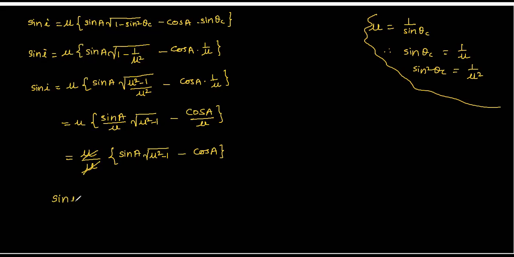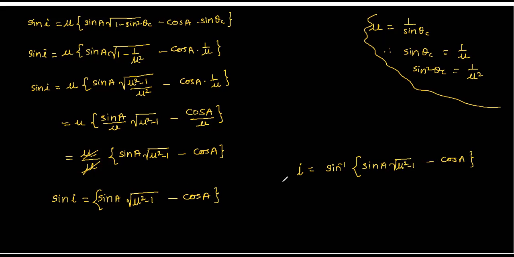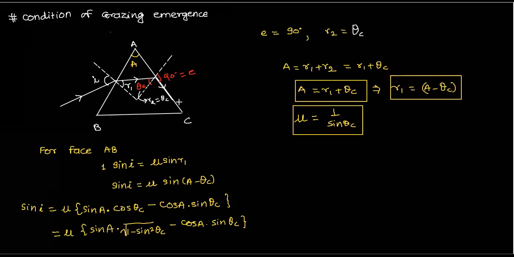So sine of I is equal to sine A under root mu square minus 1 minus cos of A, and therefore the angle of incidence I is equal to sine inverse of this total, sine A under root of mu square minus 1 minus cos A. So this is the angle we should use so that there is which condition?